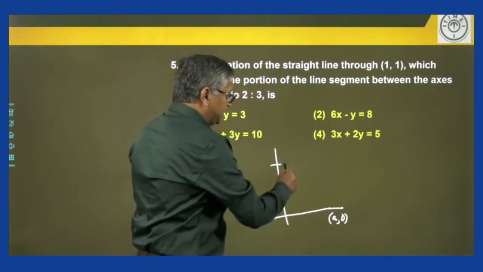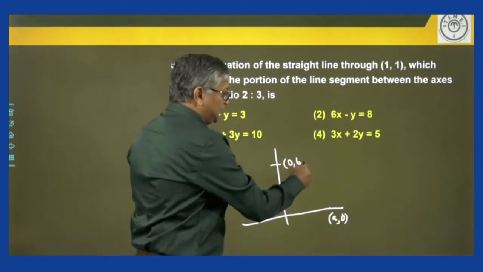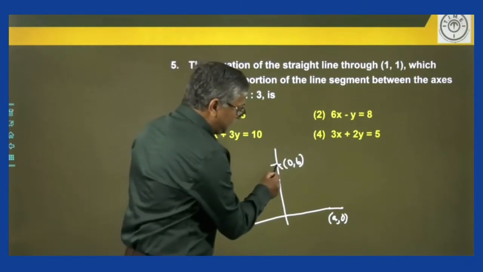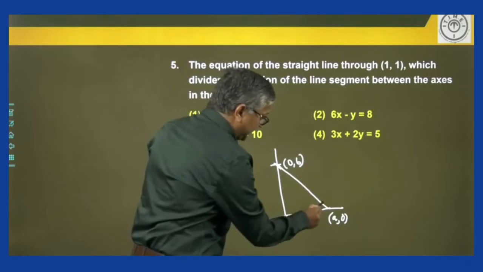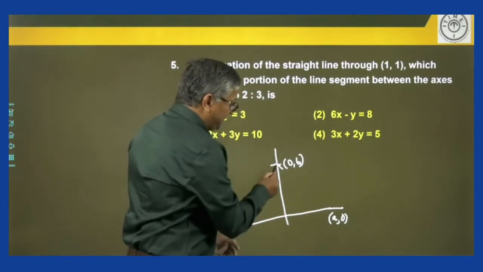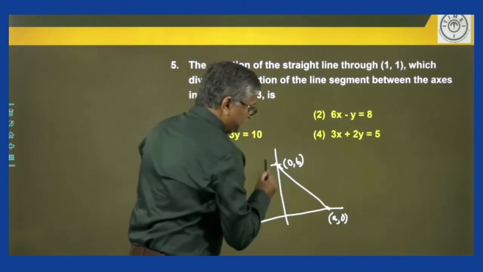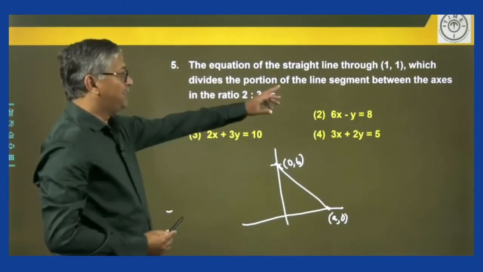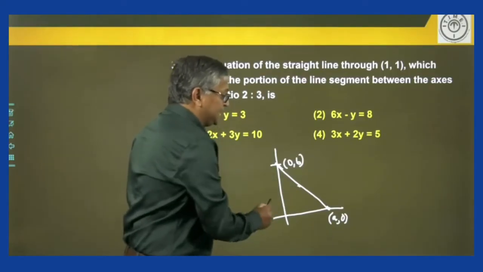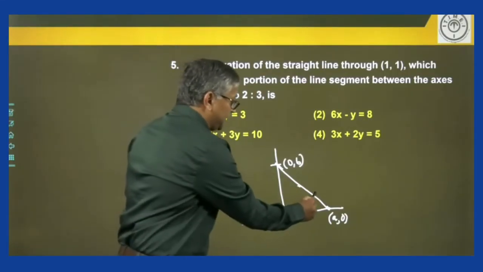And where it cuts the y-axis, its x-coordinate is 0 and the point is 0 comma b. Now, we join them; this is the line between the axes. Now, the point 1, 1 divides the segment between these axes in the ratio 2:3.